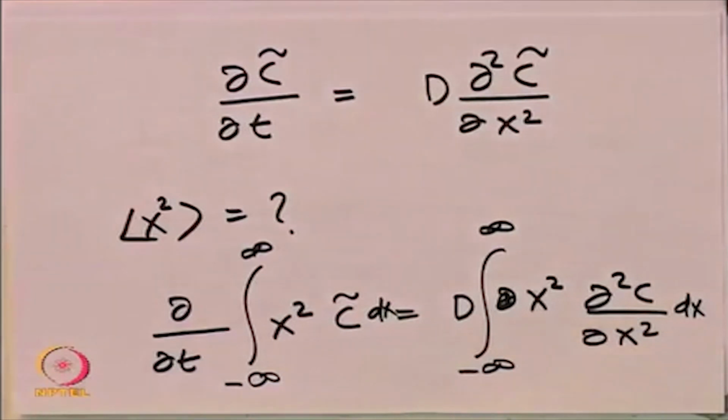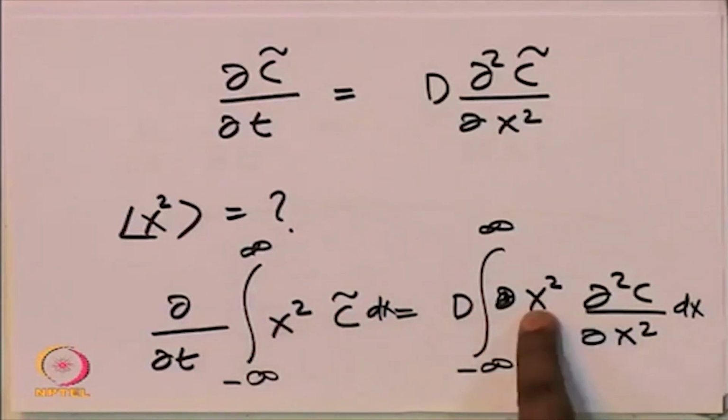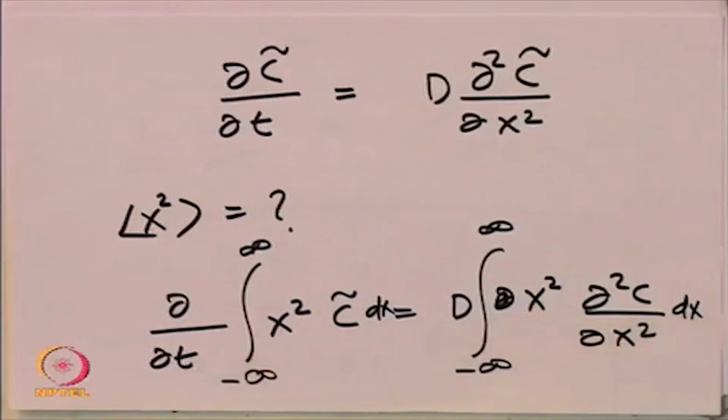So, what did I do? I just multiplied both sides with x square and integrated both sides. Nothing will change. I multiplied both sides with x square, I integrated both sides with respect to x.